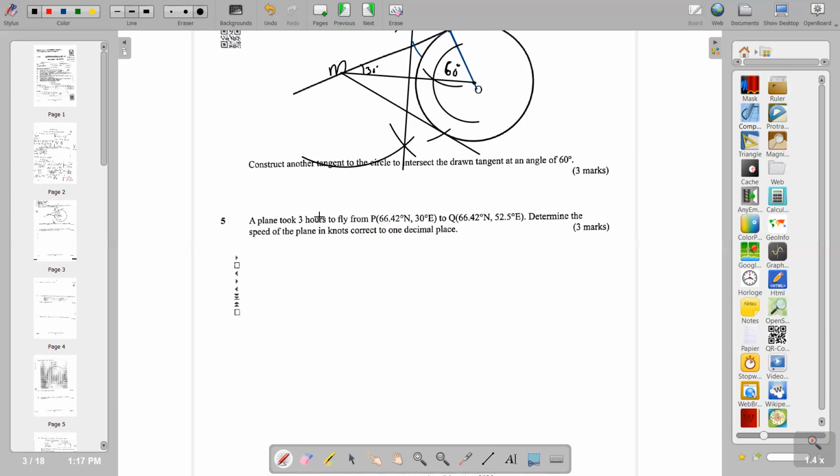Now speed in knots is nautical miles per hour. So you're supposed to get the distance in nautical miles.